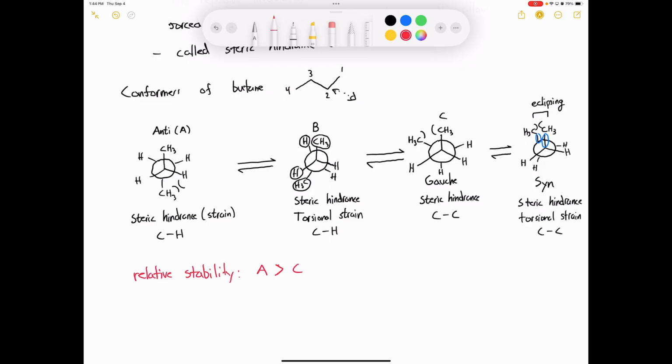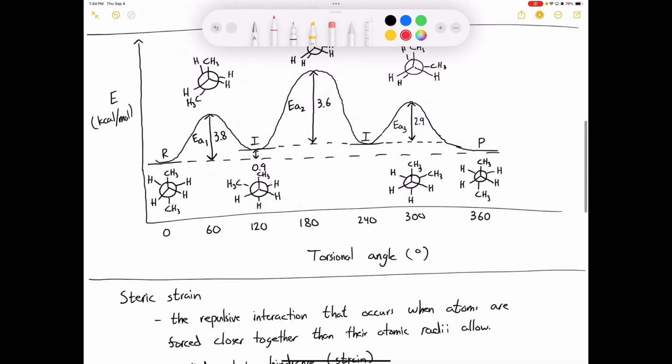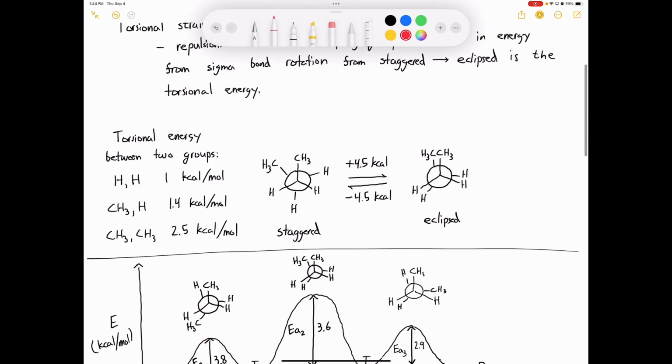All right, good. Now is the tricky part. Which one of the eclipsing conformations is more stable than the other? B. Okay, so the only difference between B and D is the magnitude of the eclipsing interaction. If we think about the values we saw before, a C-C interaction is way greater than a C-H interaction.